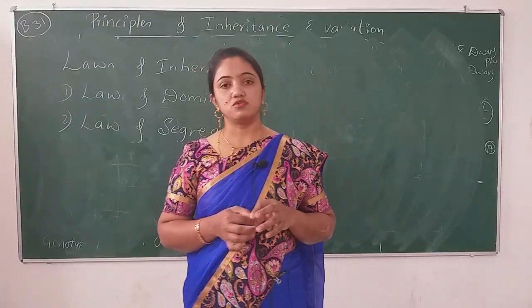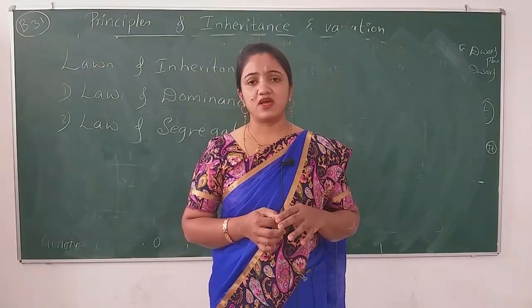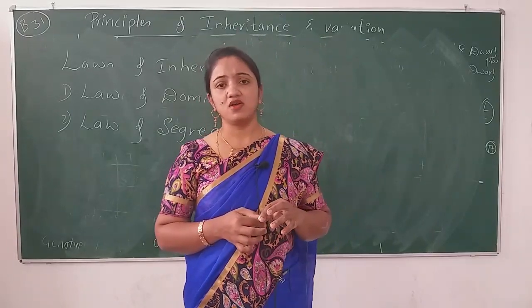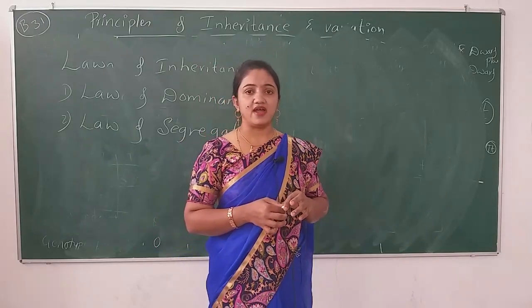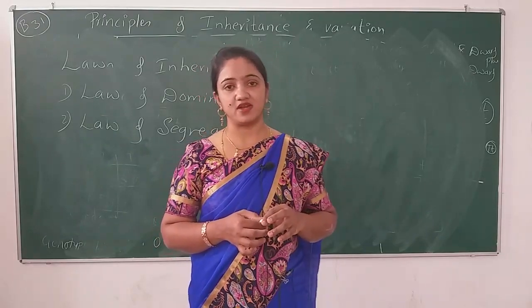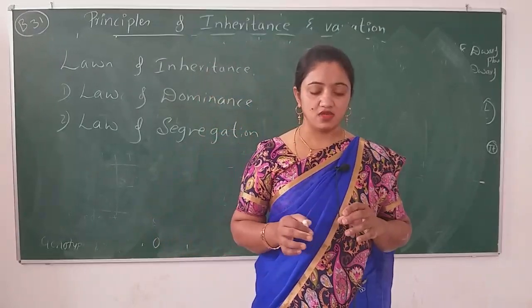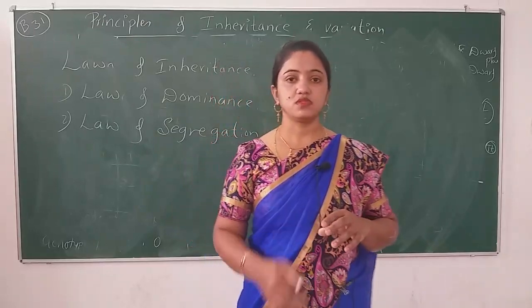The question paper pattern will be: 1 mark questions, 10 questions; 2 mark, 5 questions; 3 mark, 5 questions; and 5 mark, 3 questions. Choices will be there. Come out with that test, and work hard.